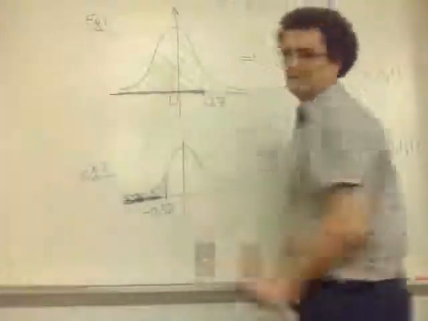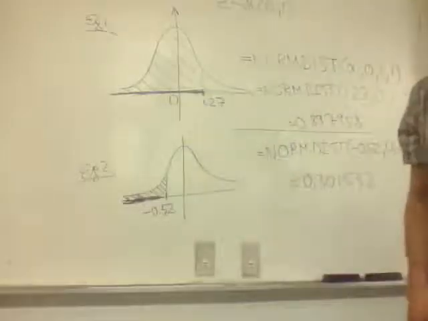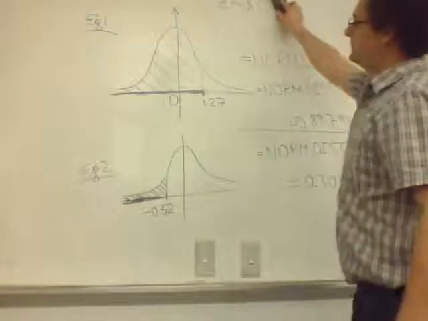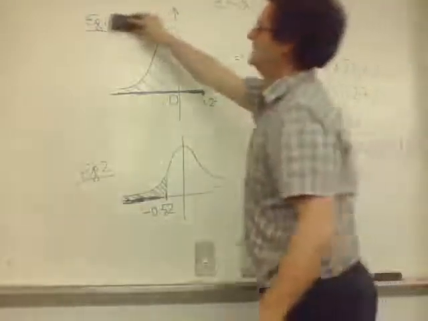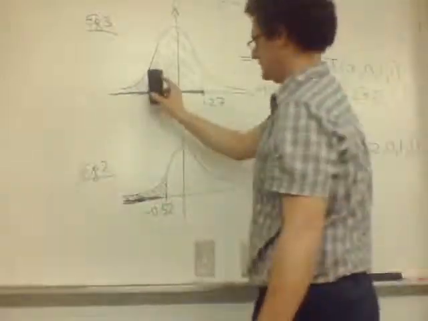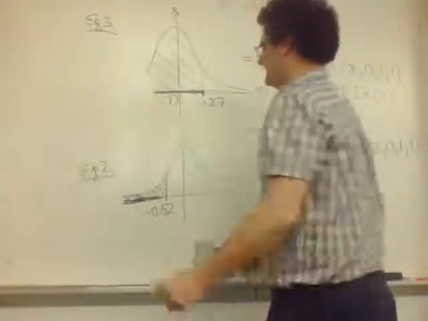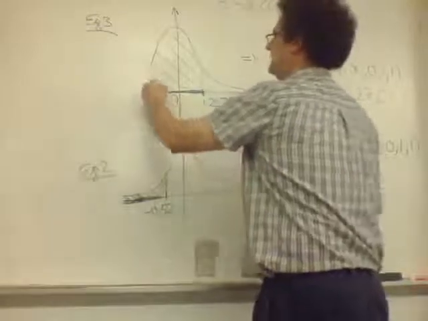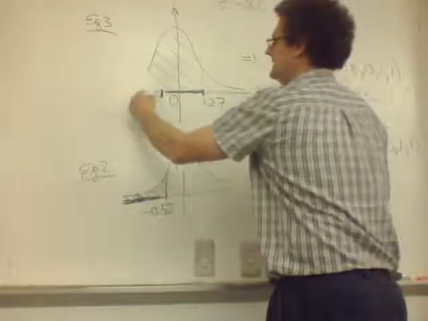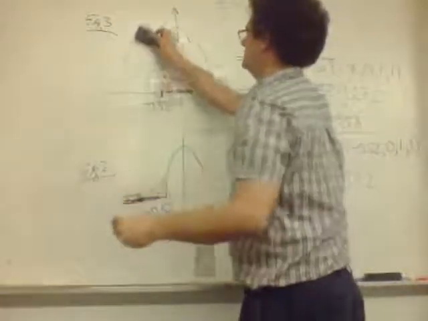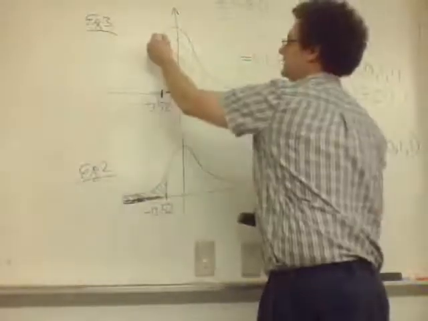Now, example 3. Example 3 is, what is the probability of getting a value in between negative 0.52 and 1.27?